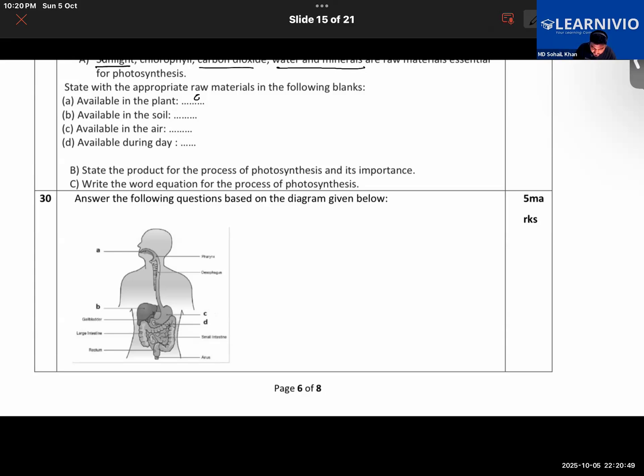Okay, what is the importance of it? Glucose and oxygen, both of them have to be explained here, like how both of them are important.